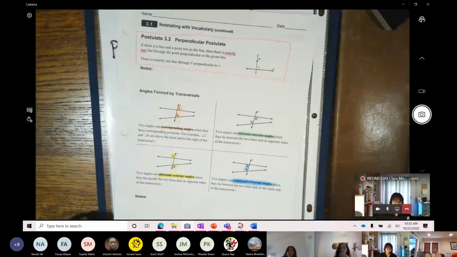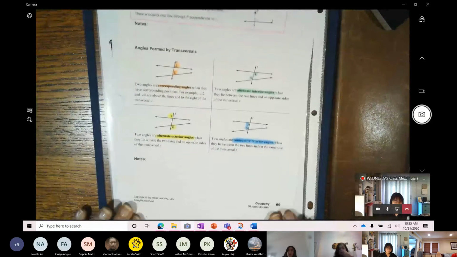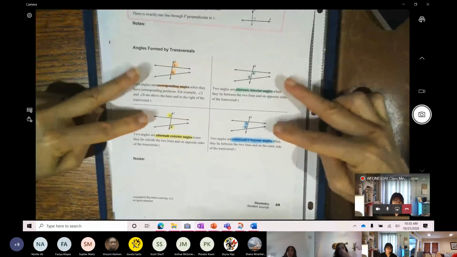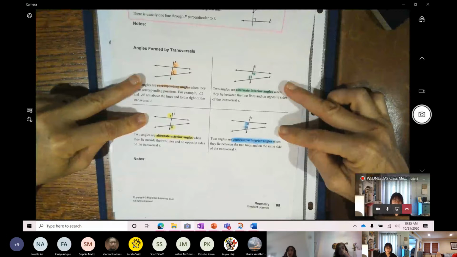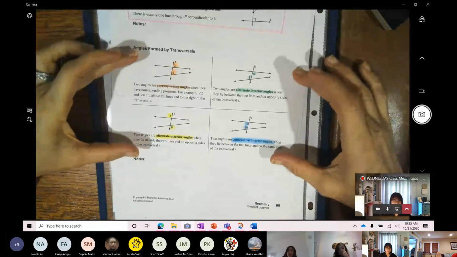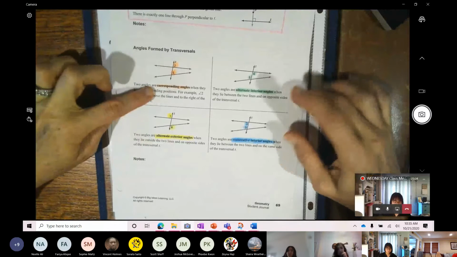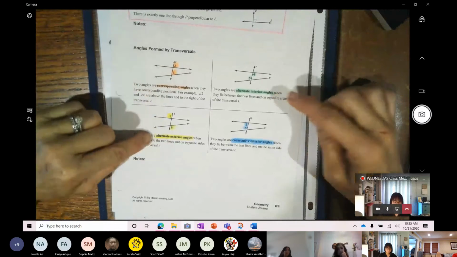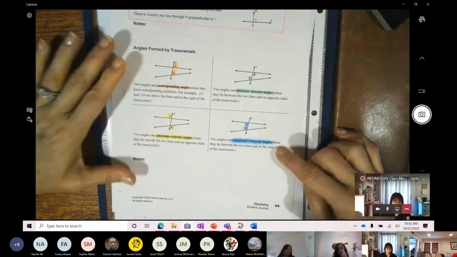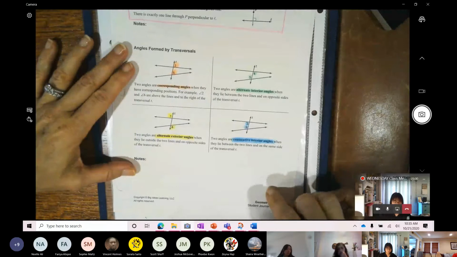And then in the journal, page 69, are also these pictures. Okay, so if you somehow don't feel like that was good enough, you could use the same, like this, color code, corresponding, alternate interior, alternate exterior, and consecutive. That's page 69 in your student journal.